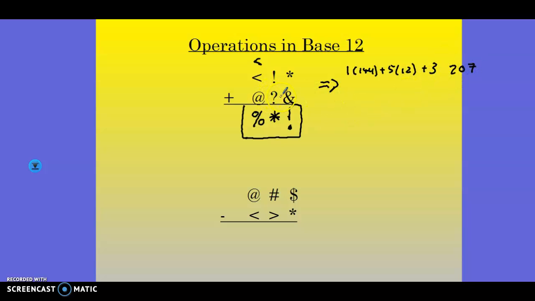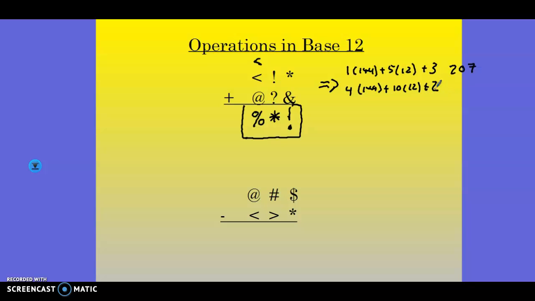And this would be the at is 4 144s. The question mark is 10 12s. And the and is a 2.